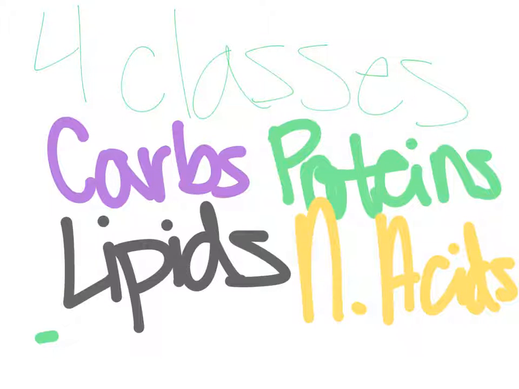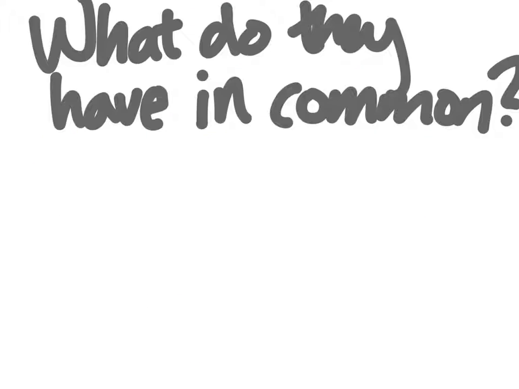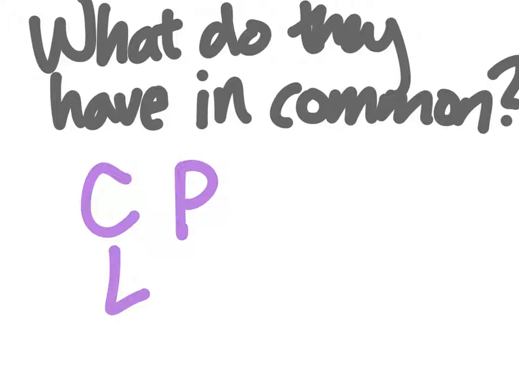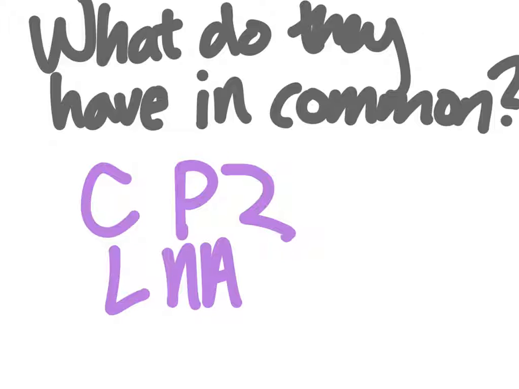All of these macromolecules have one thing in common. So, what do carbohydrates, lipids, proteins, and nucleic acids all have in common? Well, it's just one simple word. They all have a monomer.